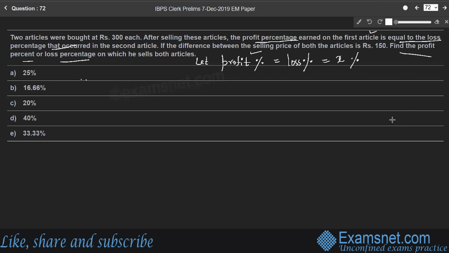Therefore, selling price is equal to cost price plus profit percentage. This is for article 1.